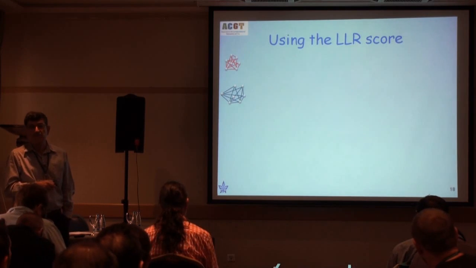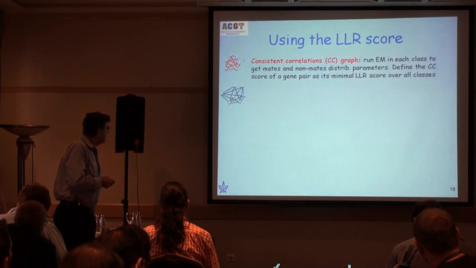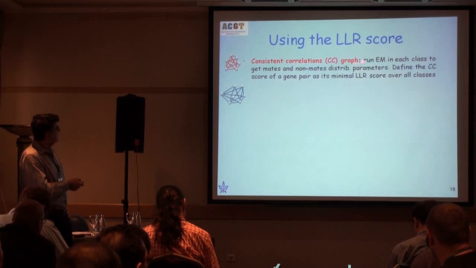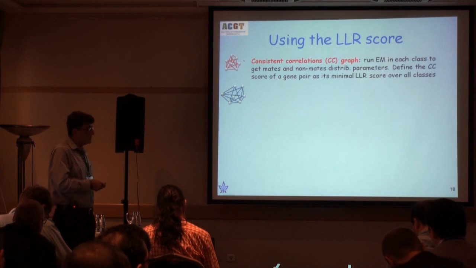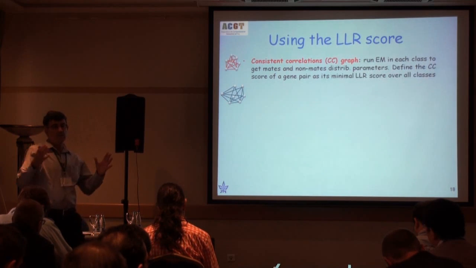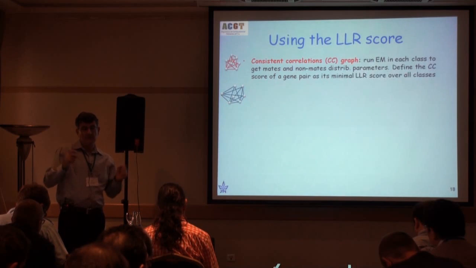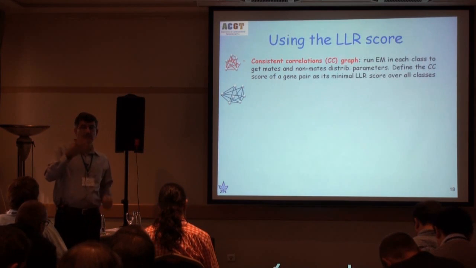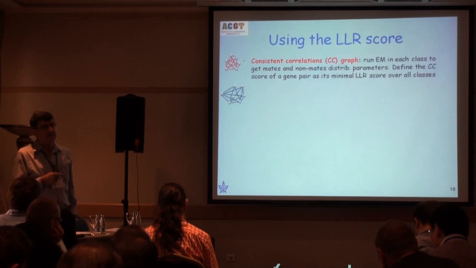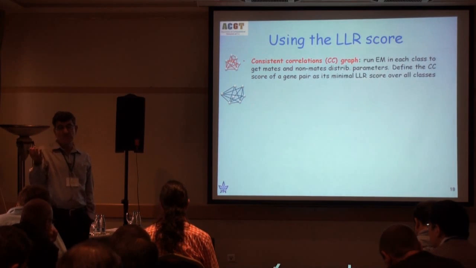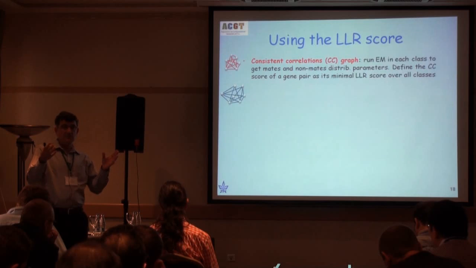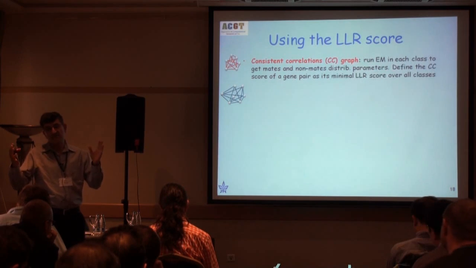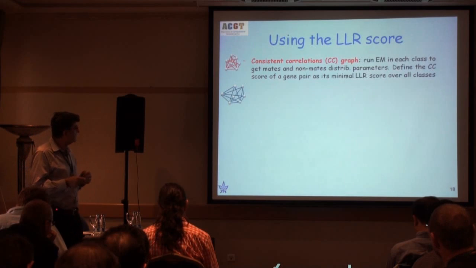So how do we use these scores? When we are looking for a consistent correlation, we will be building the consistent correlation graph. So we now assume, and this is very similar to what was done in CLICK, that our pairwise values for the correlation of the genes come from two distributions: the distribution of the mates, the genes that belong to the same sets, or the non-mates, genes that belong to different sets.